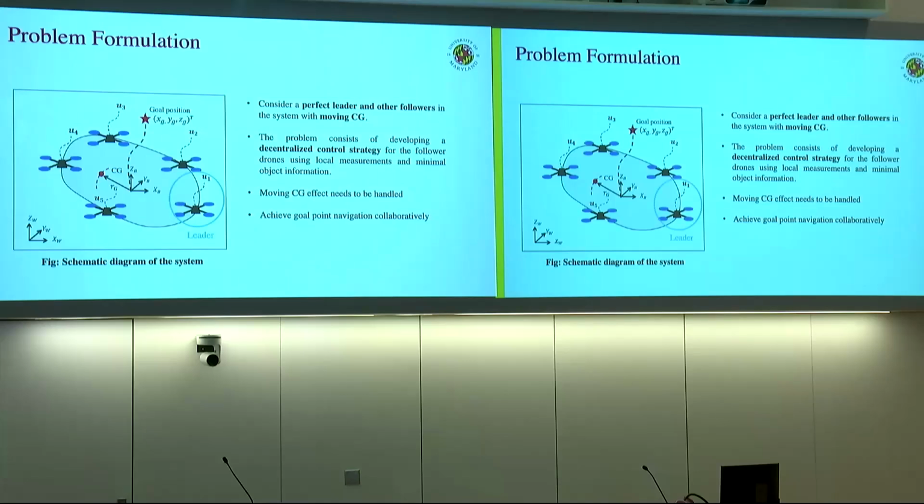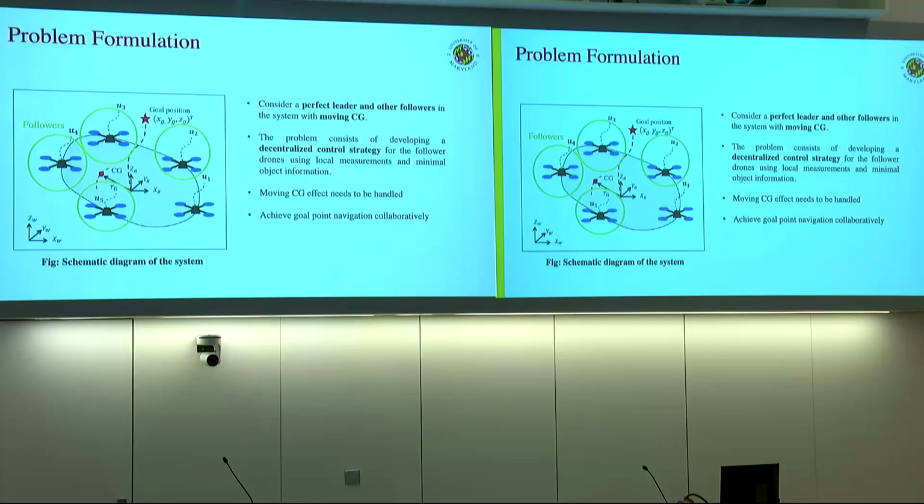So in this, the problem is posed here. The leader is shown in blue color and then the followers are green. So how do you mimic the leader or how do you cooperate with the leader? How should you train or how should you develop the control strategy for the followers to mimic or to cooperate with the leader such that you use little information about the leader?